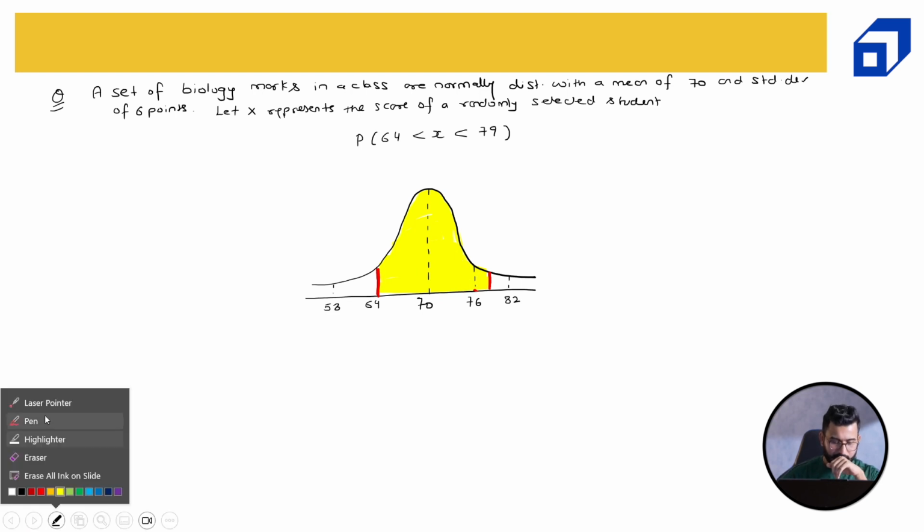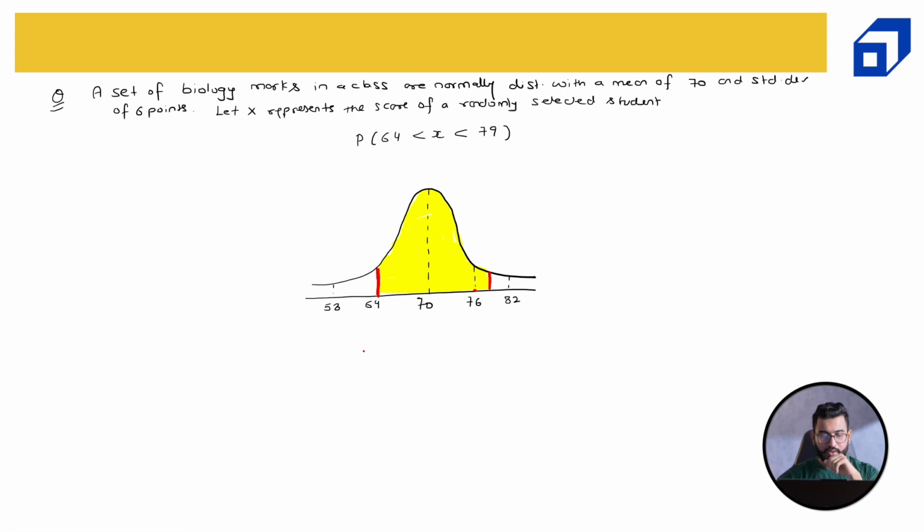Now if I go with the logic and the properties that we have learned, from this point till this point, the percentage of data points, or the probability of a data point between 64 and 76, is 0.68, 68%.